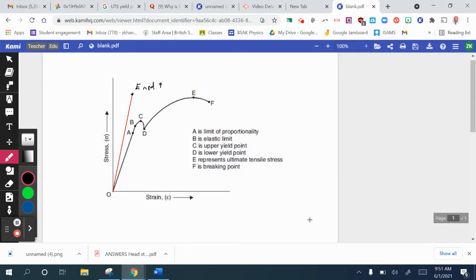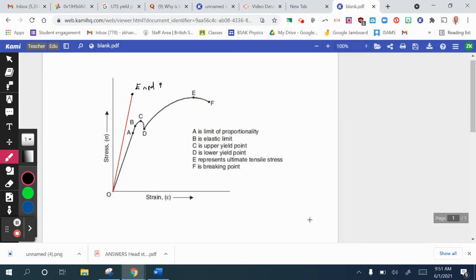So suddenly the amount of stress that you put in before, let's say we put this much stress, there wasn't much increase in strain, in extension. But when you get beyond a certain point, let's say C is the upper yield point, what happens beyond that?